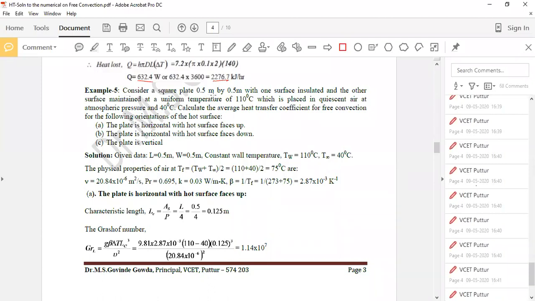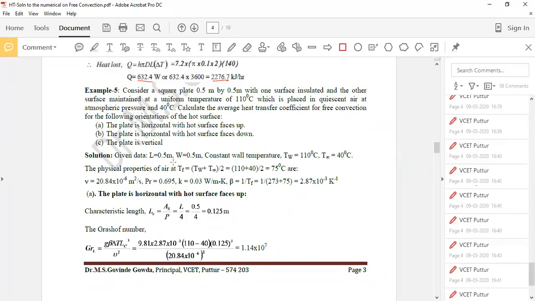Here, consider a square plate of 0.5 meter by 0.5 meter with one surface insulated and the other surface maintained at a uniform temperature of 110 degrees centigrade, which is placed in quiescent air at atmospheric pressure and 40 degrees centigrade. Calculate the average heat transfer coefficient for free convection for the following orientations: the plate is horizontal with the hot surface facing up, the plate is horizontal with the hot surface facing down, and the vertical plate.